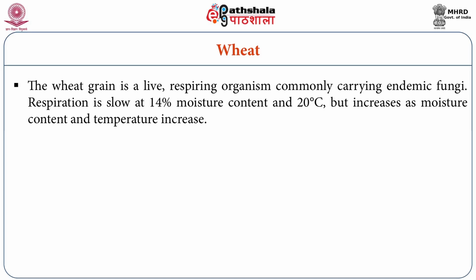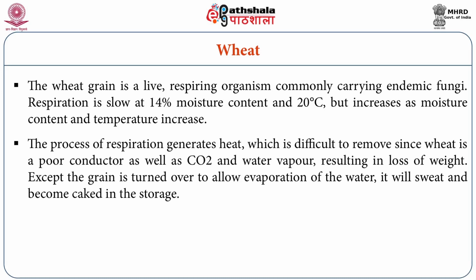The wheat grain is a live respiring organism commonly carrying endemic fungi. Respiration is slow at 14% moisture content and 20 degrees centigrade, but increases as the moisture content and temperature increase. The process of respiration generates heat, which is difficult to remove since wheat is a poor conductor, as well as carbon dioxide and water vapor, resulting in loss of weight.